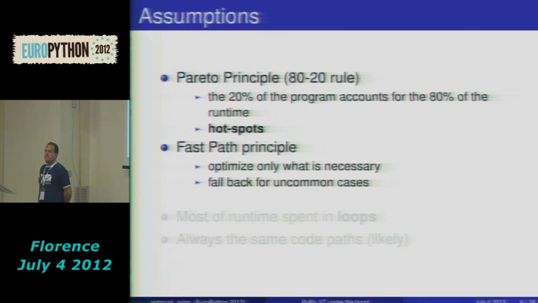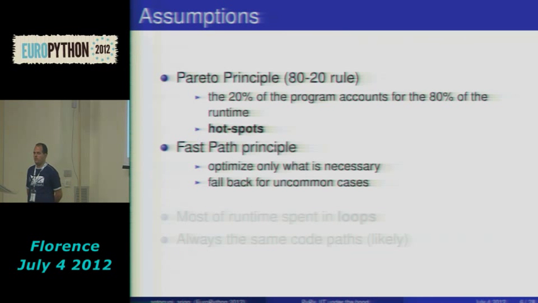What is the idea behind tracing compilers? Well, there's the usual 80-20 rule that most of the time of a program is spent in a very small part of it. We call this part hotspots, and the idea is that if we optimize the hotspots very aggressively, we get most of the speed we can, even if we don't optimize the other code, the slow code. And the other principle is the one which I call the fast path principle.